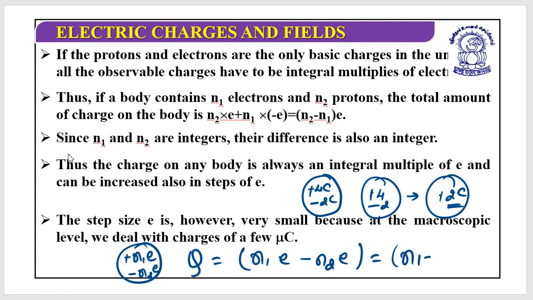So that is equal to N1 minus N2, into e. Is it positive? Yes. I have considered N1 as protons and N2 as electrons. So N1 is considered positive and N2 is considered negative.